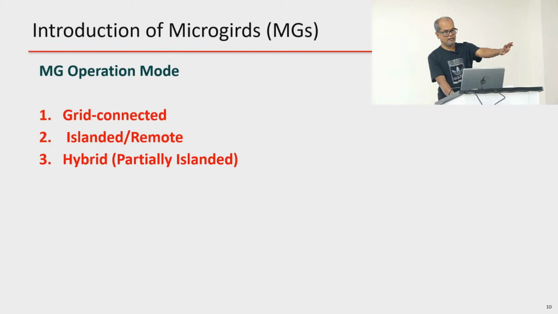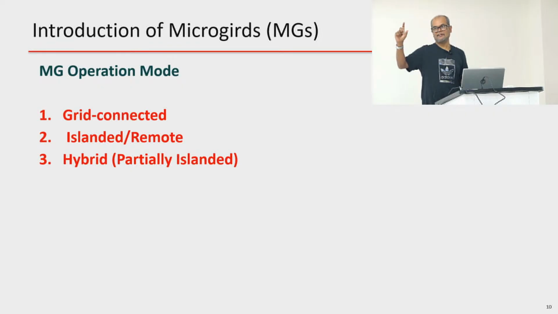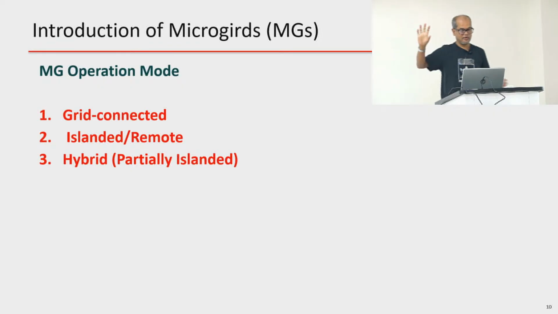Operating mode, mainly 3 types. It could be islanded, or completely grid connected, or hybrid. That is in terms of the operation mode, but in terms of DC and AC we also have hybrid. So don't get confused, because here hybrid just means partially islanded.